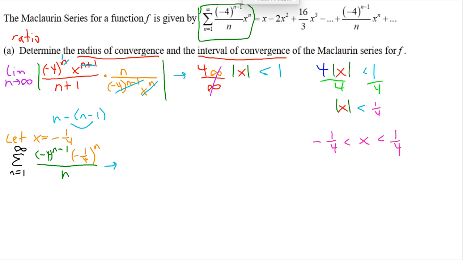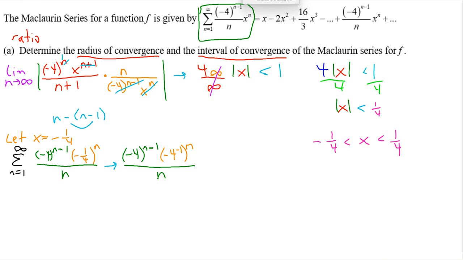So the trick is to realize you can actually rewrite this. We've got -4 to the n minus 1 here. And then the -1/4, you can really bring that up and make it negative on the outside. 4 to the -1 is the same as 1/4, to the n over n.